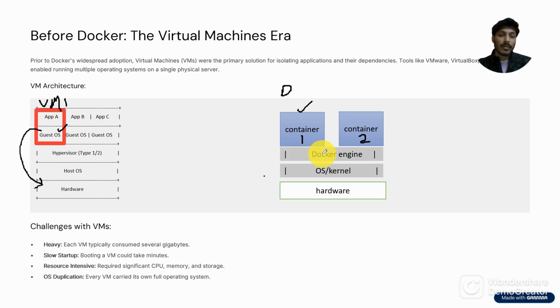How? This is because of Docker's specific properties, like not creating an operating system for each container and only using the kernel, the same kernel. All containers use the same kernel.